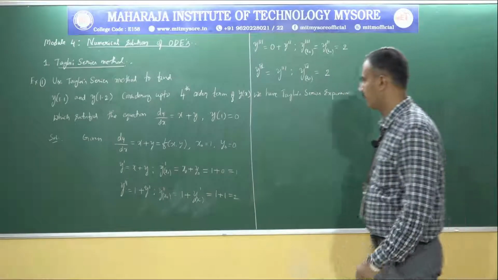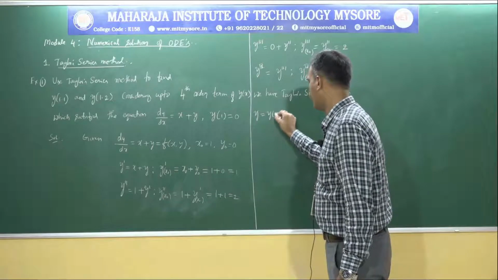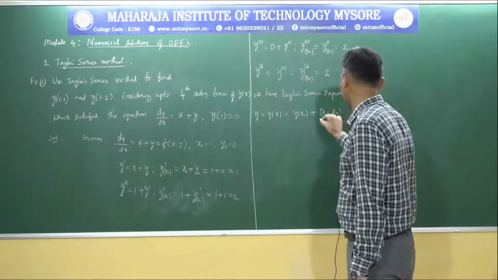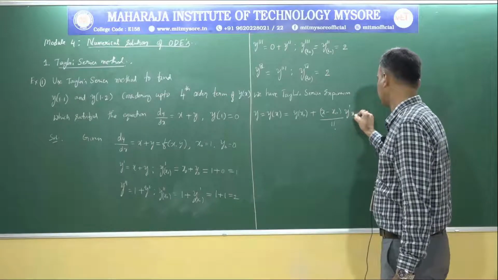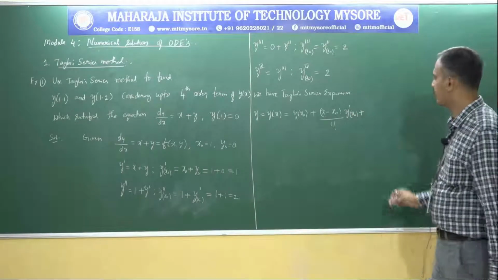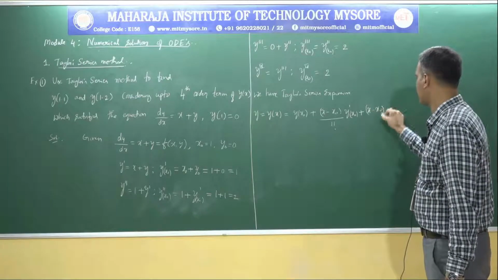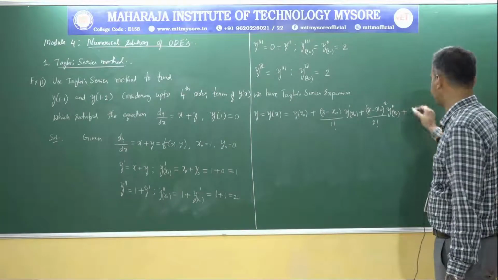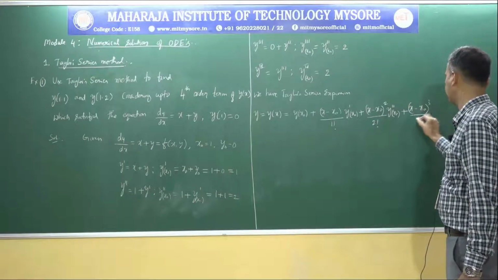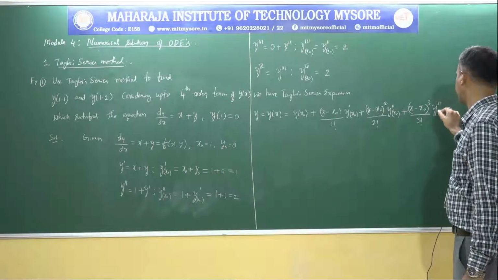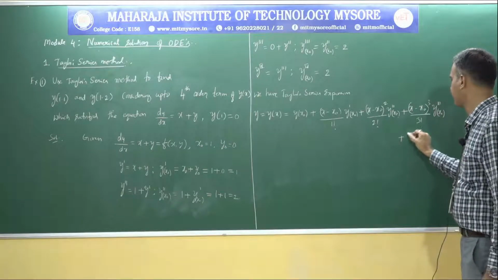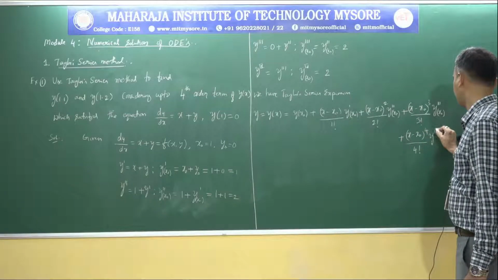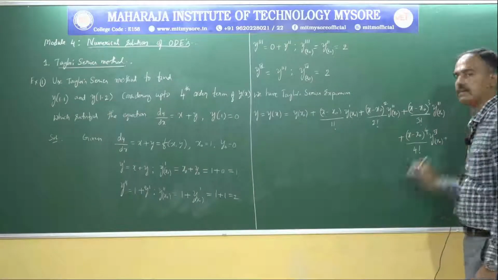We can specify y is equal to y of x, that is, y of x naught plus x minus x naught over 1 factorial y dash of x naught, plus x minus x naught whole square over 2 factorial y double dash of x naught, plus x minus x naught whole cube over 3 factorial y triple dash of x naught, plus x minus x naught whole power 4 over 4 factorial y fourth of x naught, plus etcetera.